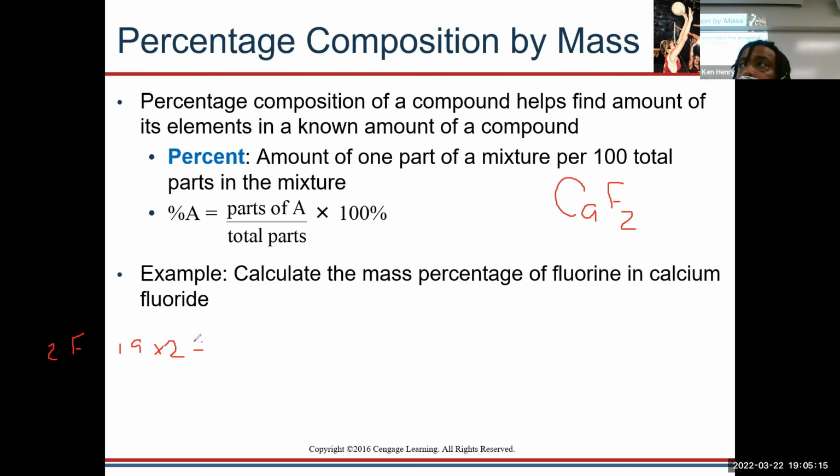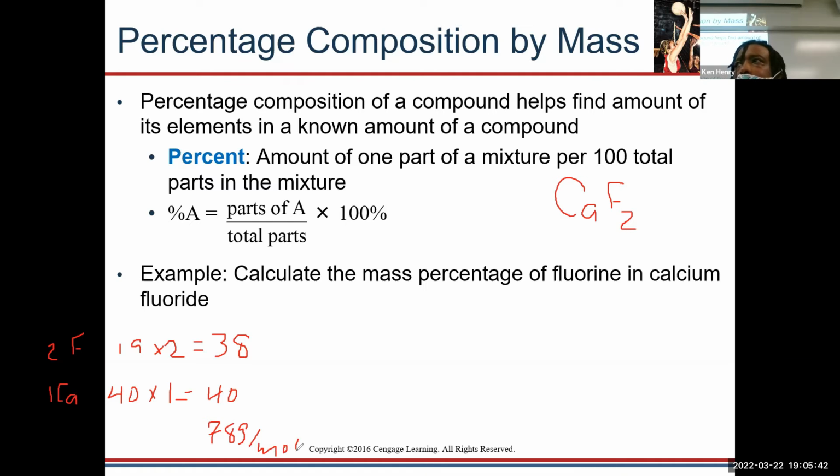So that equals 38. And then the calcium, there's 1, and that's 40. So that's going to be 78 grams per mole.